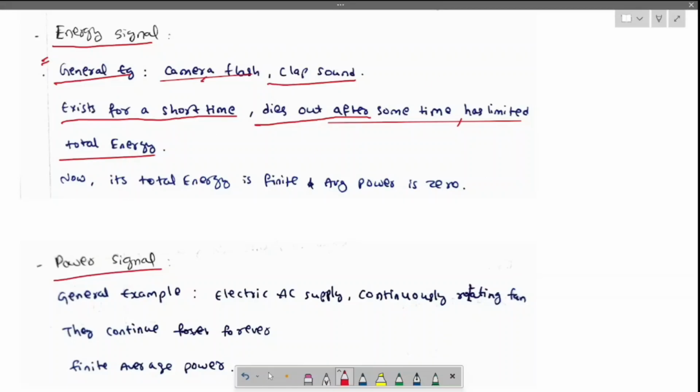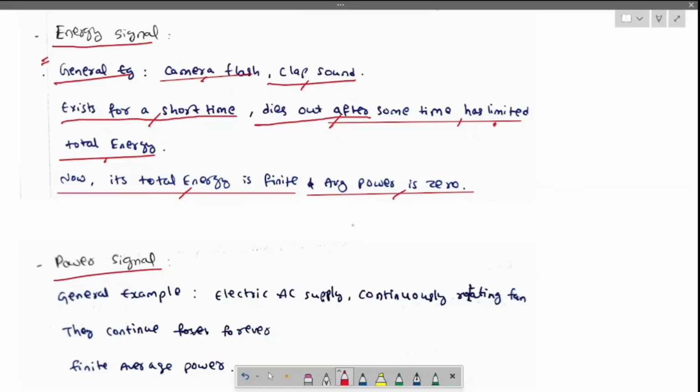When you take examples like camera flash and clap sound, they exist for a short duration of time and die after some time, so that's why they have limited total energy. Therefore, total energy is finite and average power is 0.